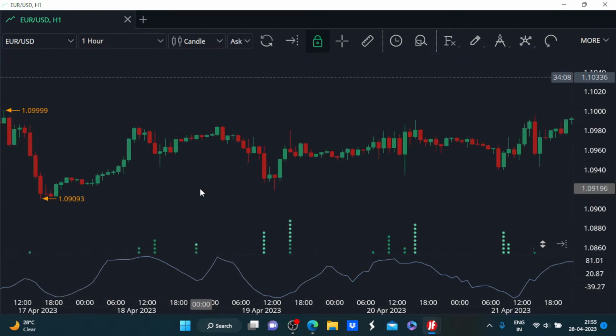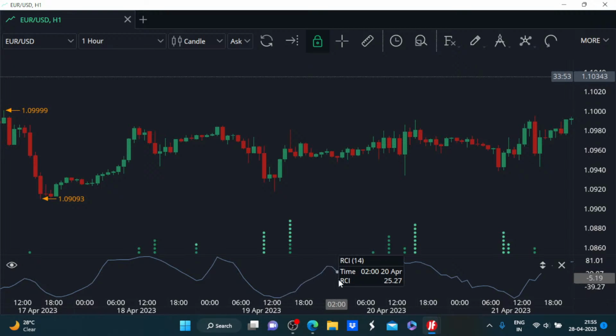But I think it will be better for us to wait and go for the confirmation when the output of the RCI drops closer to 100, and when the next move happens and again it retests that low level, I think that is the time to go for the initiation of the short sale trade.